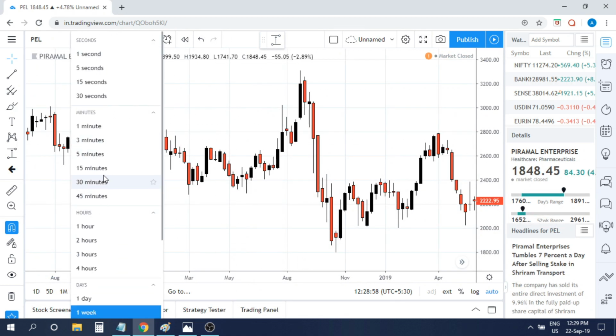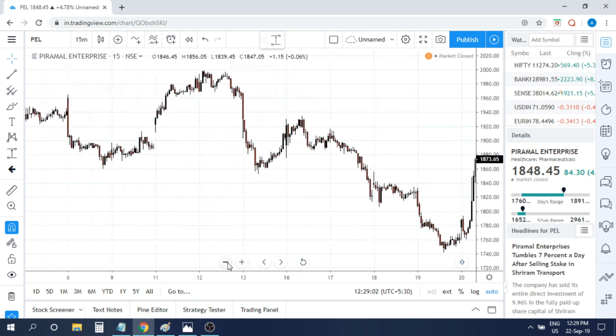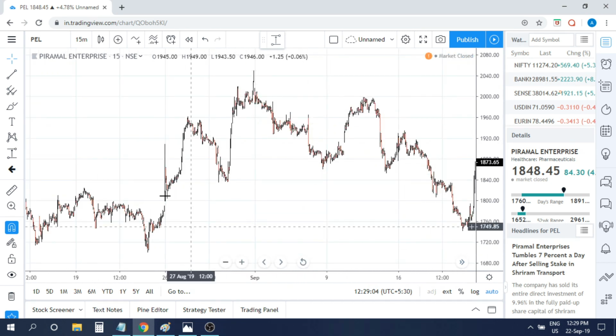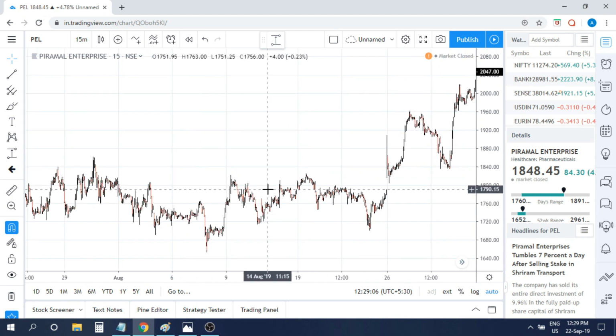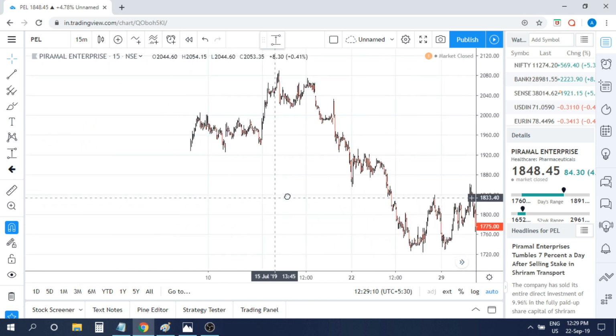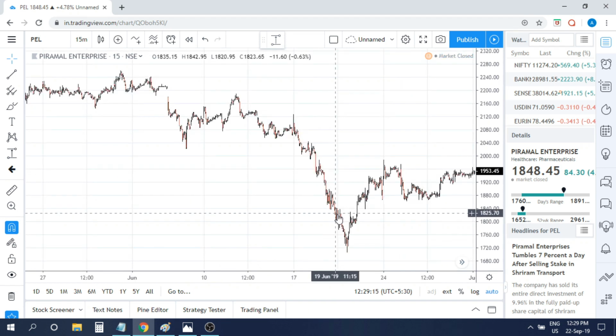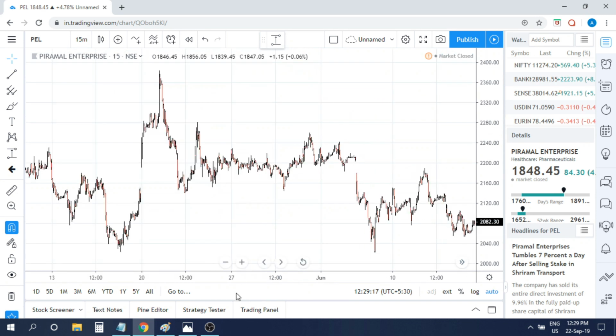Let's go to the 15-minute chart. This is near 31st of May, this example.